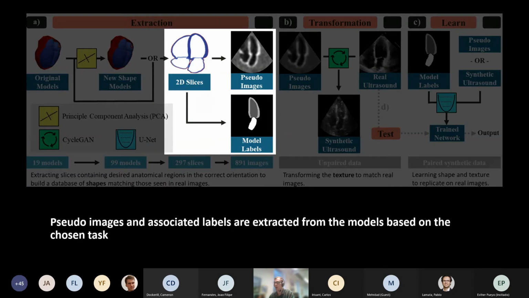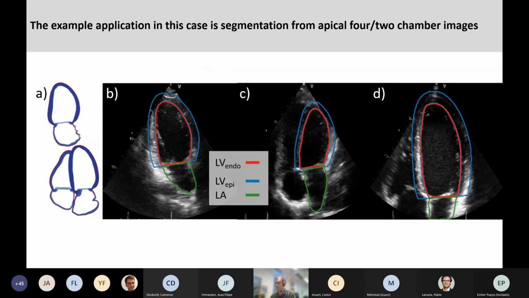That first starts with extracting a set of 2D slices that are the same view, in this case an apical view, and then extracting a set of pseudo images and labels corresponding to those slices. Again, the example application is segmentation in apical 4 and 2 chamber images.